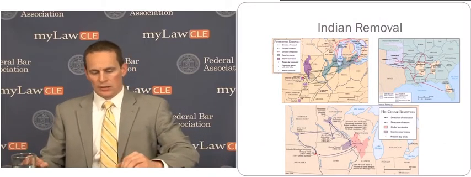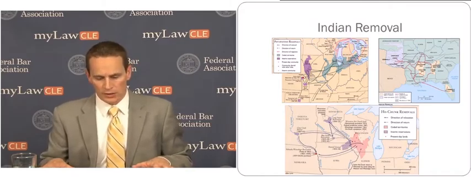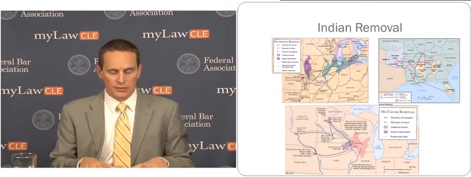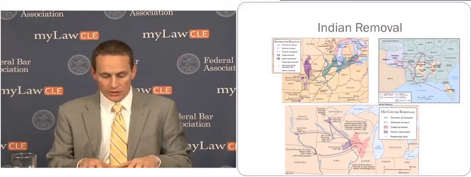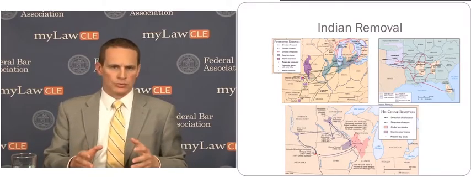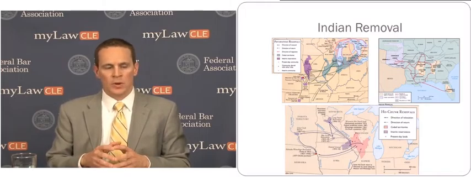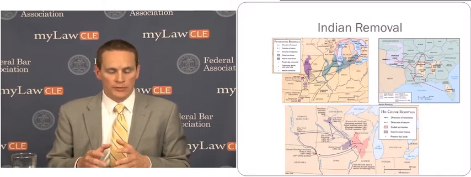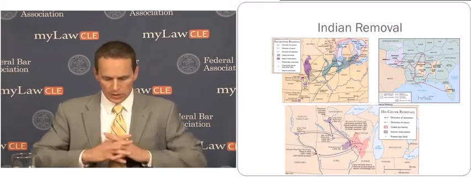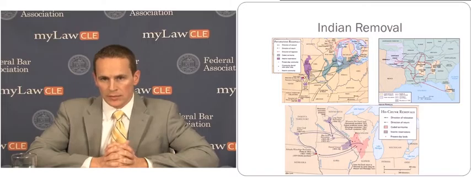So the next period was allotment and assimilation, and this went from the 1880s until about the 1930s. And this has perhaps had the most drastic impacts, not just on Native people and tribal governments, but also on how Indian law would be shaped as well.